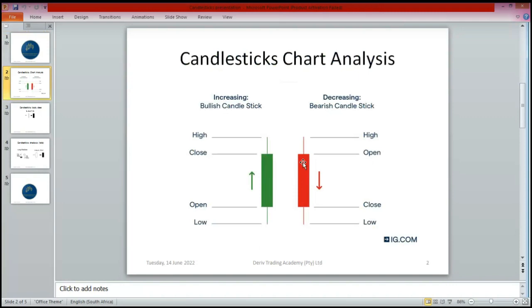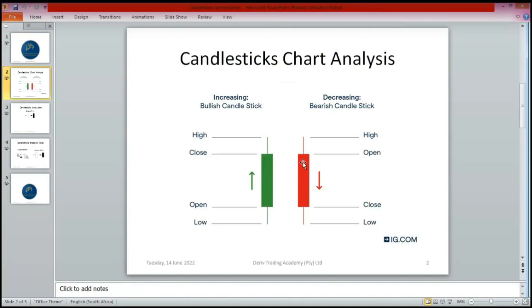I know that someone is asking, what is a candlestick? In simpler terms, according to me, I can say that a candlestick is a visual representation of what is going on in the market.